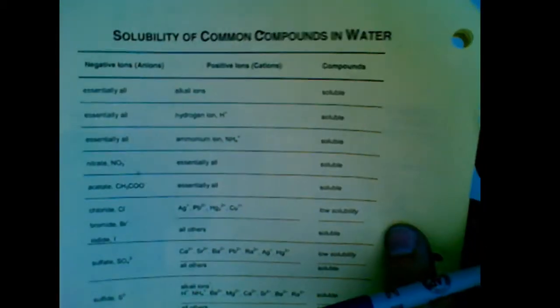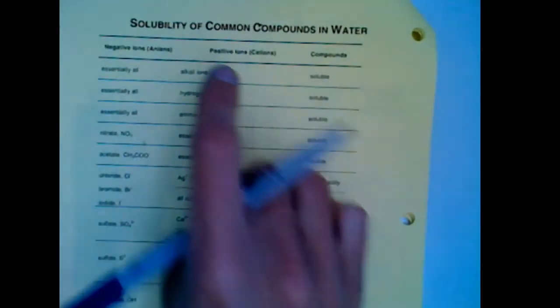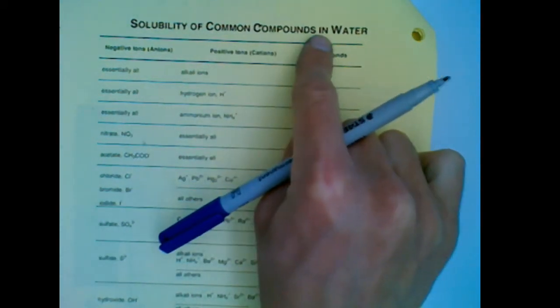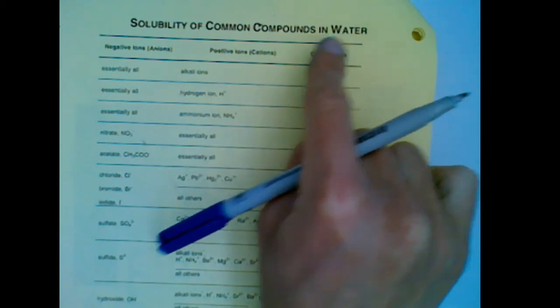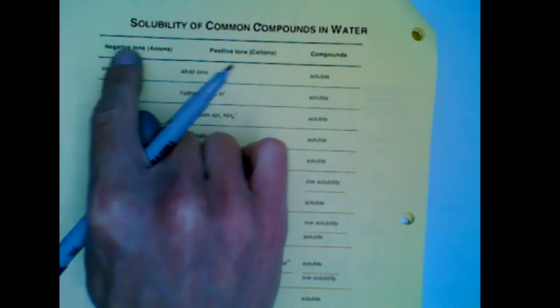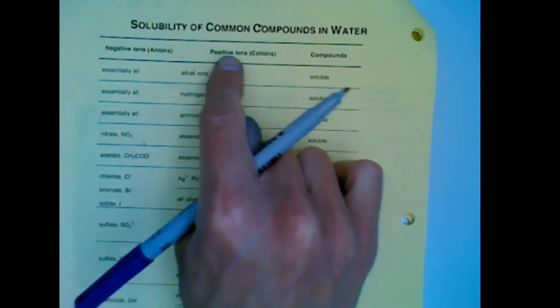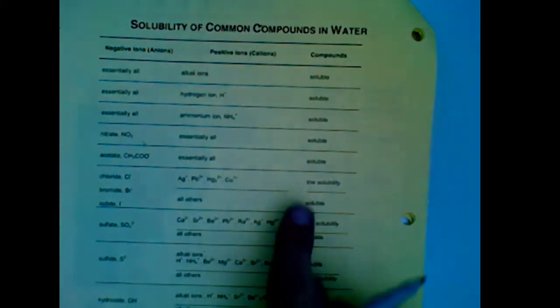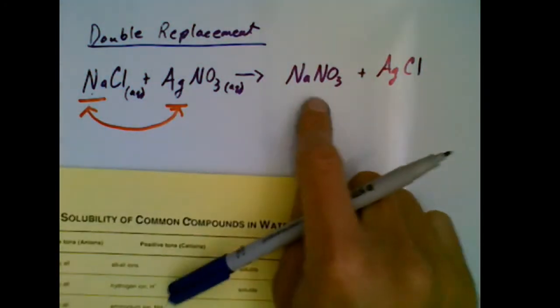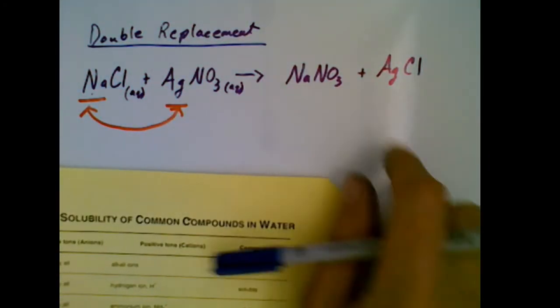In your data table package, you probably have something that looks similar to this that says the solubility of common compounds in water. The way that we use this is we take a look at how the negative and positive ions come together and determine if they would be soluble or insoluble. With our first example, we have NaNO3.